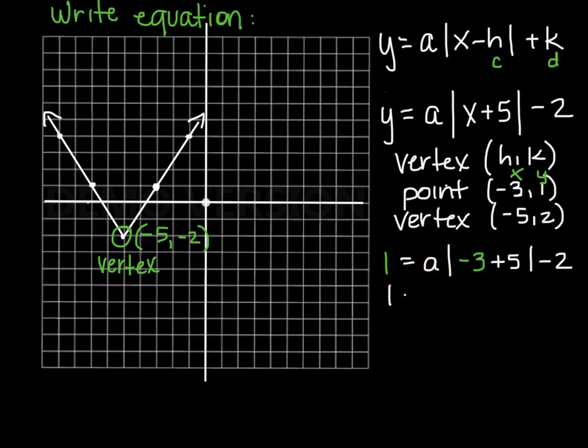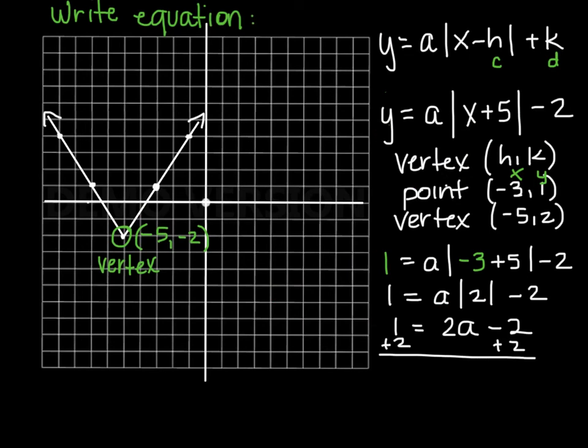So I get 1 equals a, absolute value of 2, minus 2. Okay, remember this right here is a times the absolute value of 2. The absolute value of 2 is 2, so I have 1 equals 2a, I'm going to write it correctly, minus 2. I'm going to add 2 to both sides. I get 3 equals 2a.